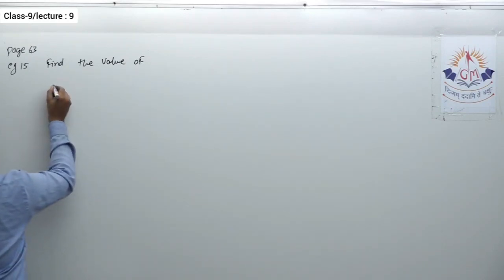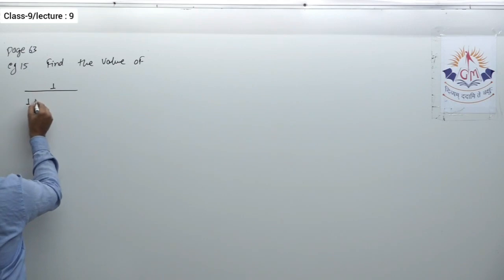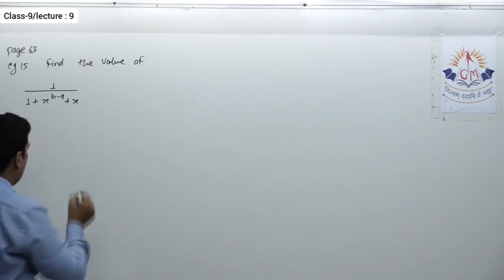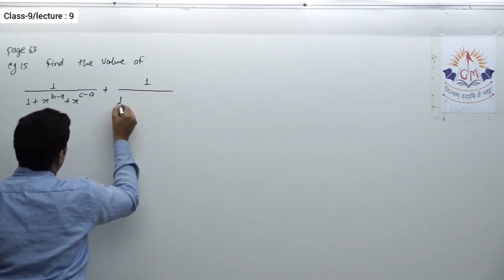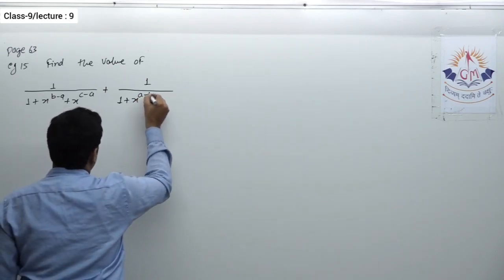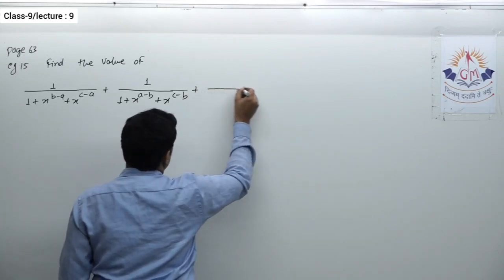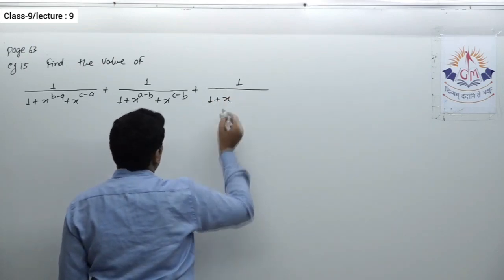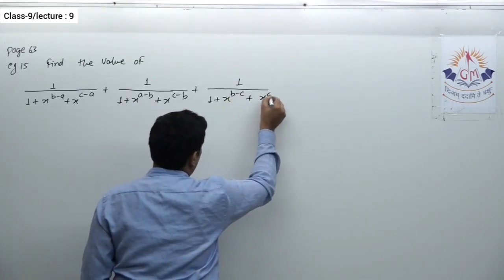It is 1 upon 1 plus x raised to b minus a plus x raised to c minus a, plus 1 upon 1 plus x raised to a minus b plus x raised to c minus b, plus 1 upon 1 plus x raised to b minus c plus x raised to a minus c.